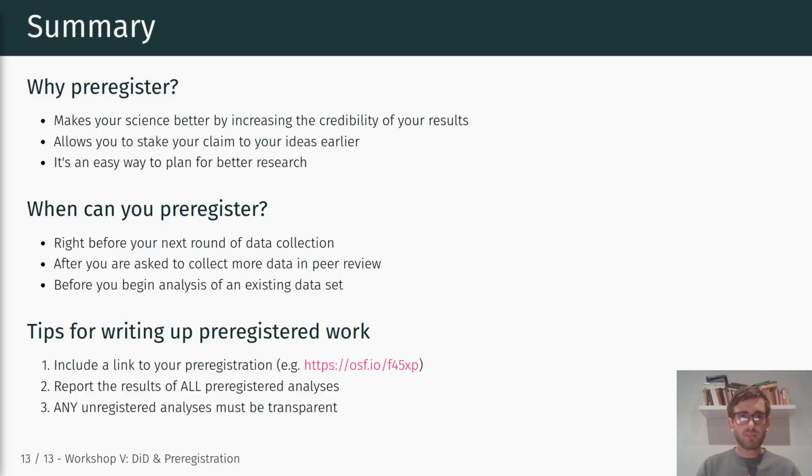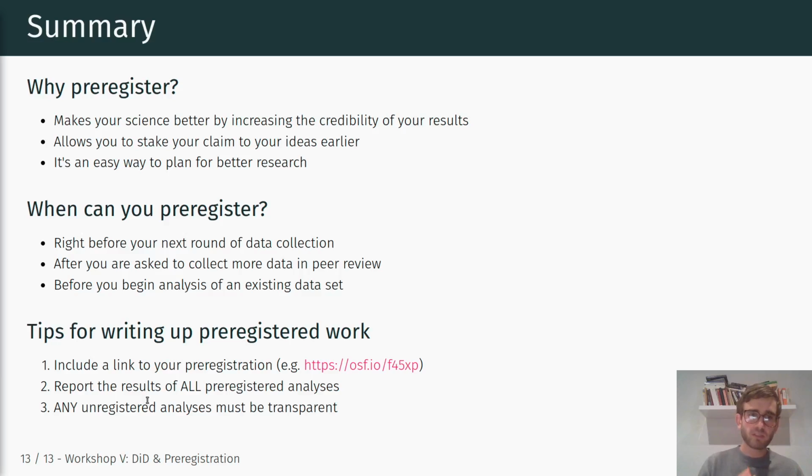Okay. Lastly, some three quick tips for writing up pre-registered work. First, whenever you have a pre-registration, you have to include a link to your pre-registration as part of your manuscript. I just included one link to an OSF pre-registration on here that you can check out as well.